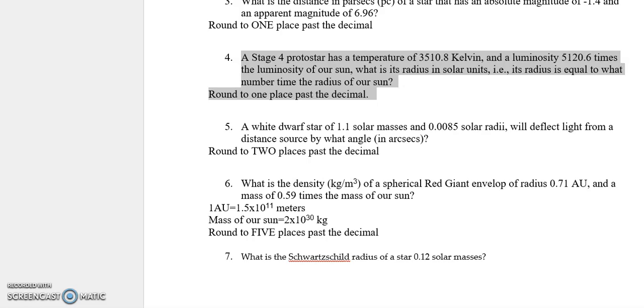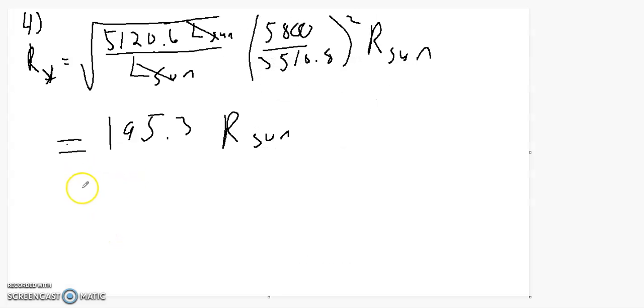All right, so let me set that problem up. Actually, I'm running out of time, but this is the radius of the protostar. The little asterisk here is the protostar, or the star. So it's the square root of the luminosity divided by the luminosity of our sun.